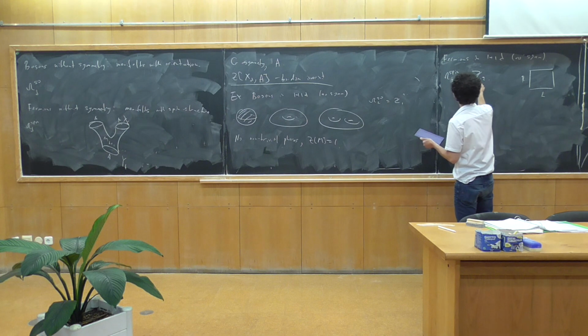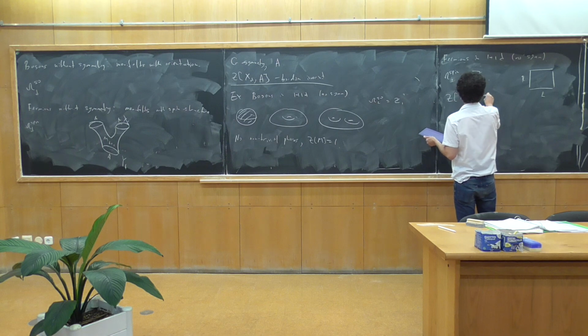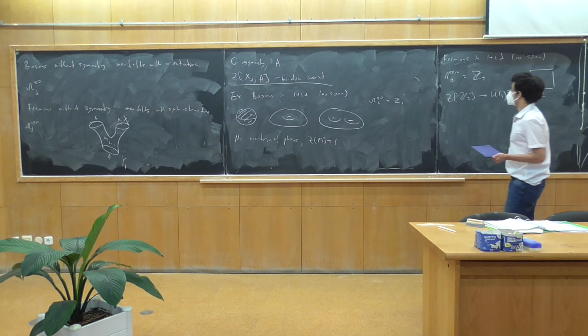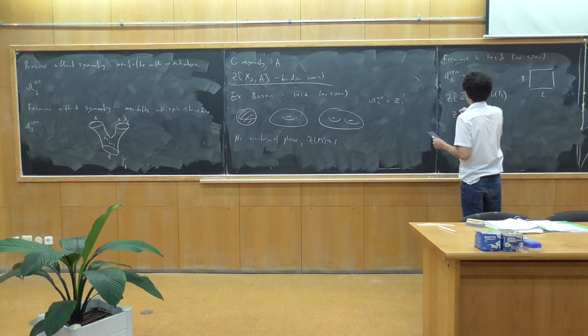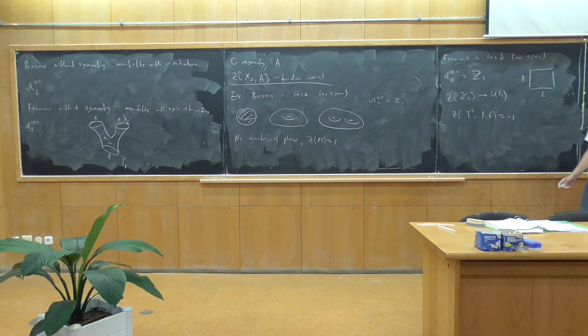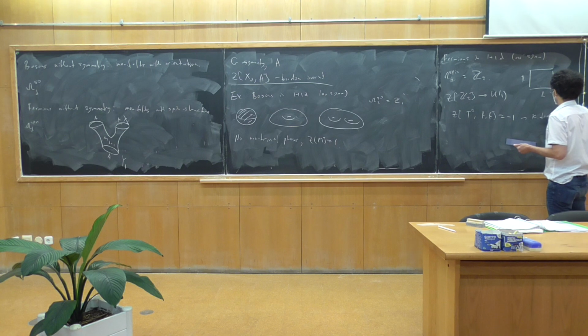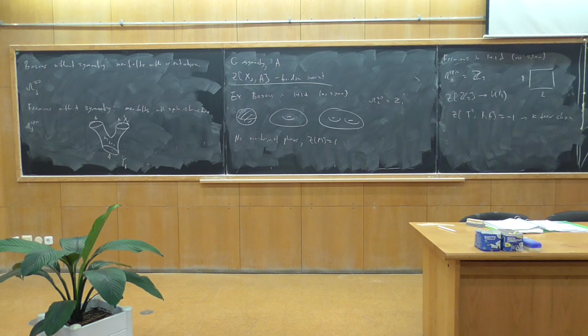And then, well, the partition function is a homomorphism from Z_2 to U(1), which just assigns to this generator minus 1. So Z of T^2 with Ramond-Ramond spin structure is equal to minus 1. Well, that's exactly how the Kitaev chain behaves. Remember, it had exactly this property that on the torus with Ramond-Ramond spin structure, we get minus 1.